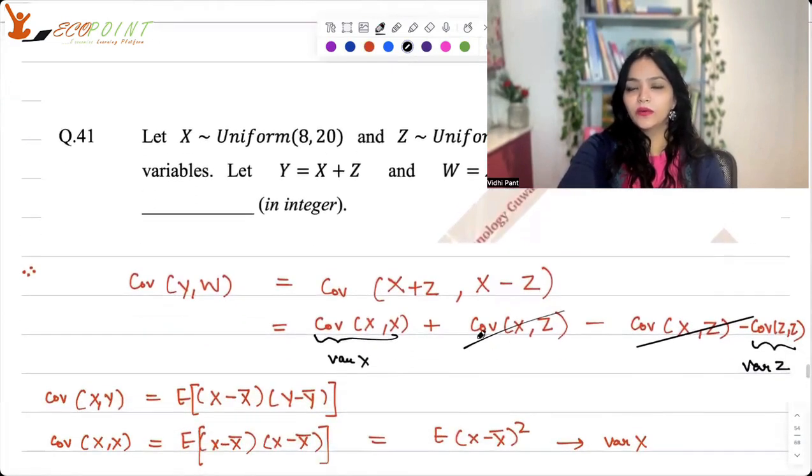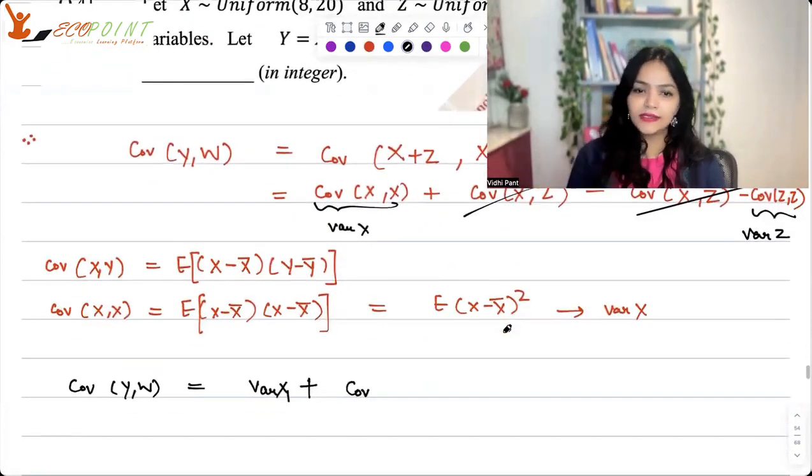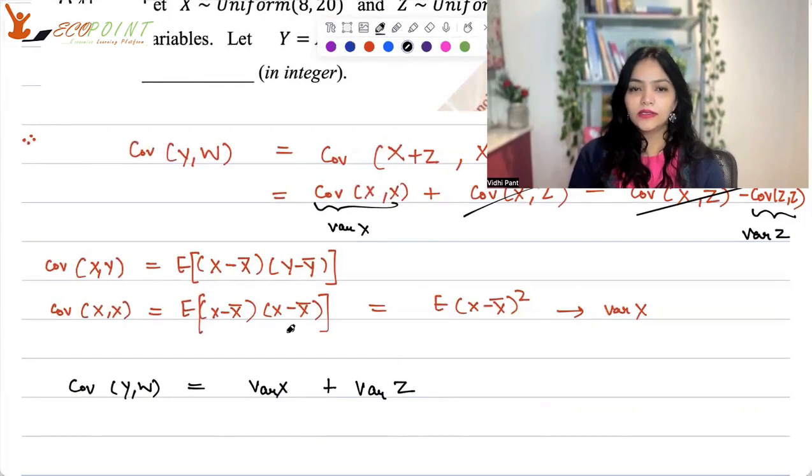So covariance of X and Z is 0, but it's cancelling off. That's another thing. So that just cancels off. So you just have variance X plus variance of Z. Okay. So variance X, sorry, not plus, it's minus. Be careful with plus, minus, whatever is there.